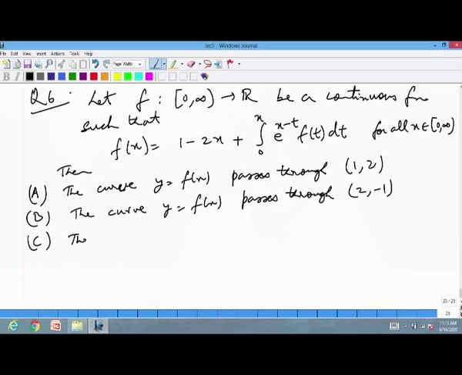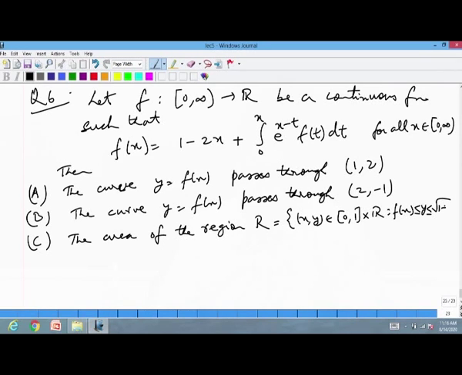C: The area of the region R equal to {(x, y) belonging to [0, 1] cross R, such that f(x) is less than or equal to y is less than or equal to square root of 1 minus x square} is (pi minus 2)/4, and option D: the area of R is (pi minus 1)/4.